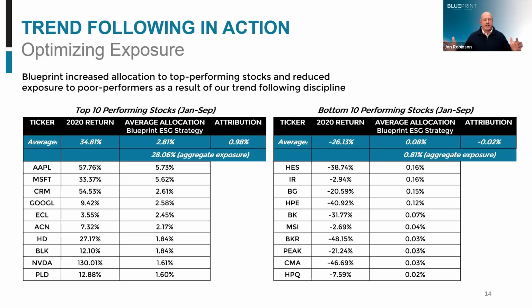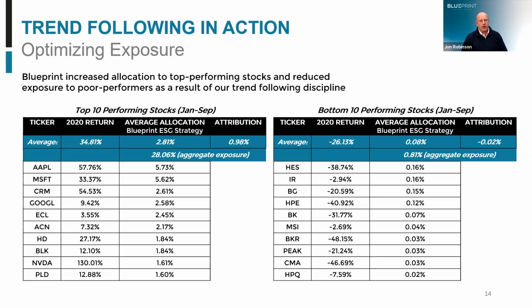And so just on the extremes of the distribution, the positive tail and the negative tail, we've been able to accomplish our goal, which is to systematically employ trend following over these stocks to push ever so slightly the exposure towards the best performers and reduce the impact of the worst performers over time.